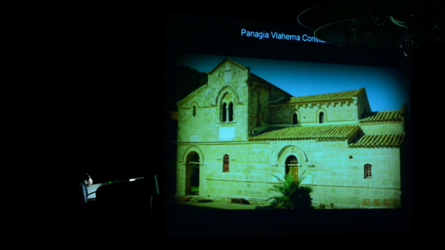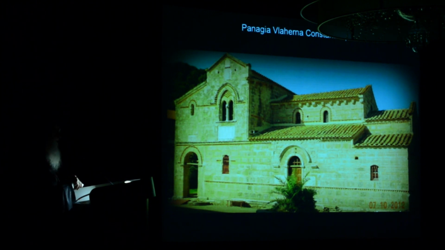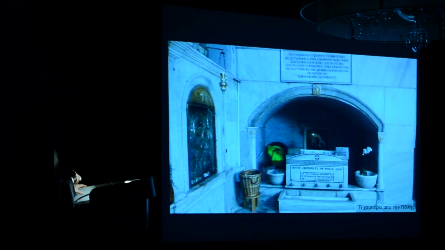The next is this famous Panagia Vlacherna. The Panagia Vlachernon in Constantinople, according to the old tradition, has a famous holy water kind of fountain.